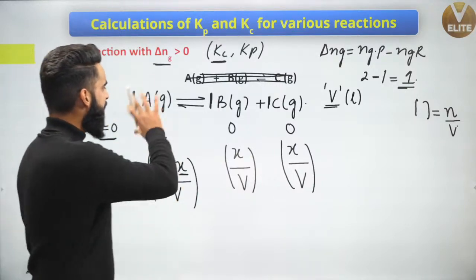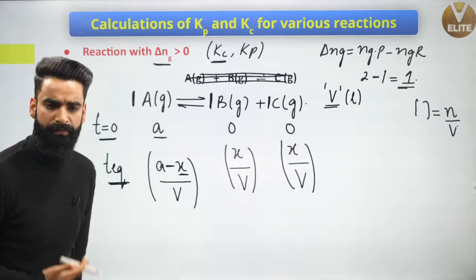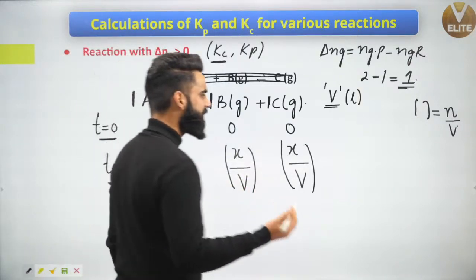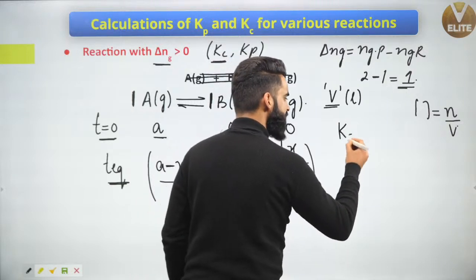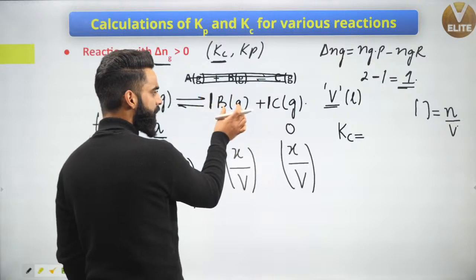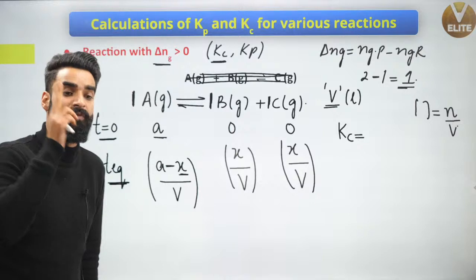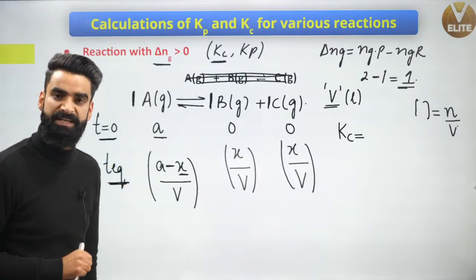Now people, if I want to write the expression for Kc for the reaction, how do I write that? Already all of you must be knowing. Kc expression will be equal to, I'll be starting with the product right here. For the gases, I told you we define both the terms, concentration as well as pressure.